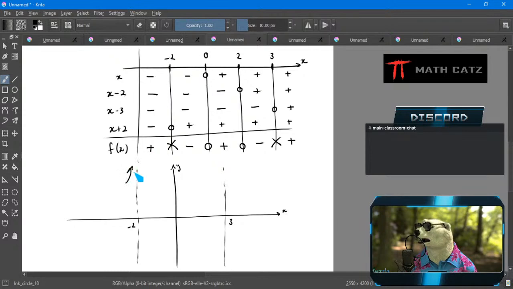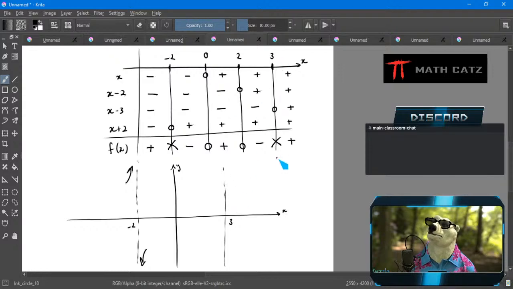I know it's going to be either going up or going down. The going down ones have negative y values. So it can't be going down. It has to be going up to fit with my table having positive y values. Just to the right of -2, I have all negative values. So it has to be that arrow. I know it's one of the two because I've identified it as a vertical asymptote. Otherwise, this wouldn't work. So I know it's going to be either going up or down. Which one is it? Well, this table tells me exactly.